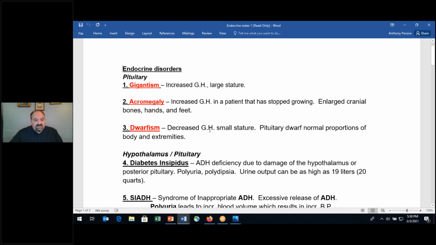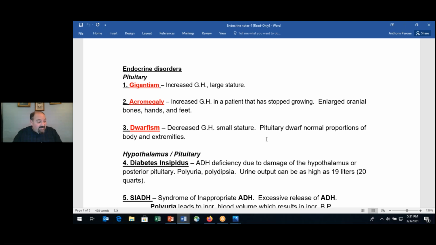Dwarfism, so we can see this as far as producing. Now there are different types of dwarfs. In the case of the pituitary dwarf, normal proportions. Someone who suffers from achondroplasia dwarfism would be the gentleman who was in Game of Thrones, a really good actor, and I'm blanking on his name right now. What's his name?